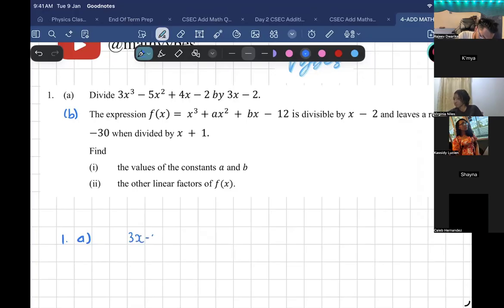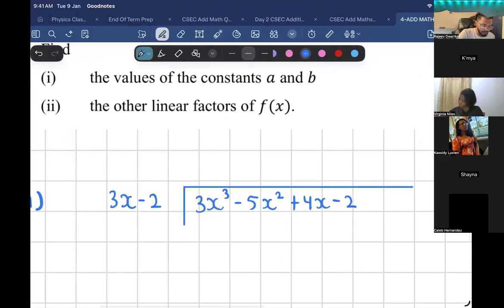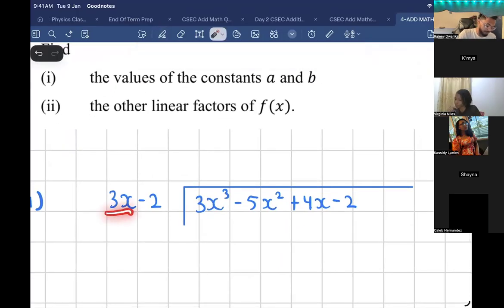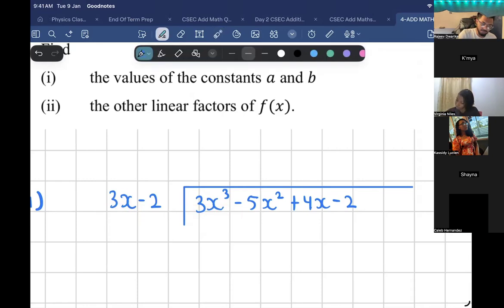All right, so 3x minus 2, and then 3x cubed minus 5x squared plus 4x. First question, what would I multiply by 3x to get back 3x cubed? x squared.